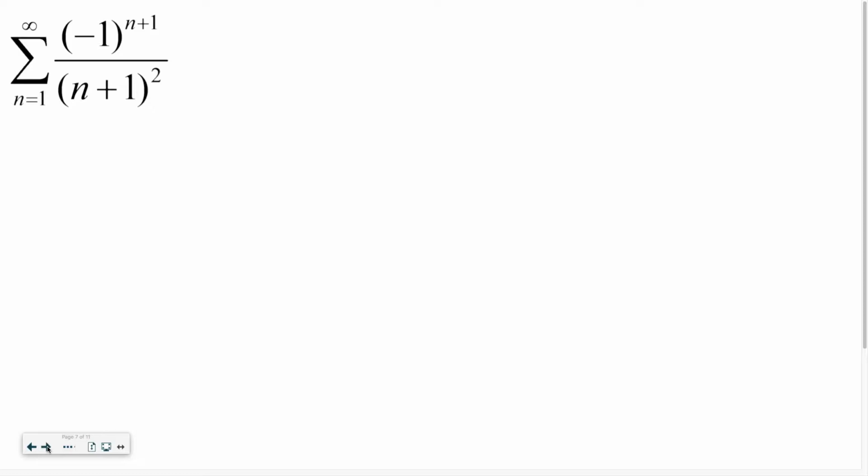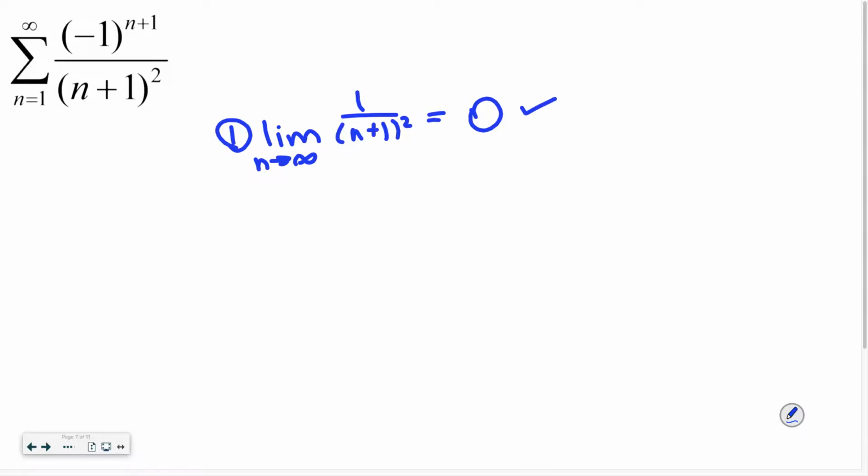So, here's this guy. Let's first determine if this alternating series converges or not, because then we wouldn't need to go on. So, first step, if we take away the alternating piece, we have 1 over n plus 1 squared. Is that limit 0? Yep. Okay.